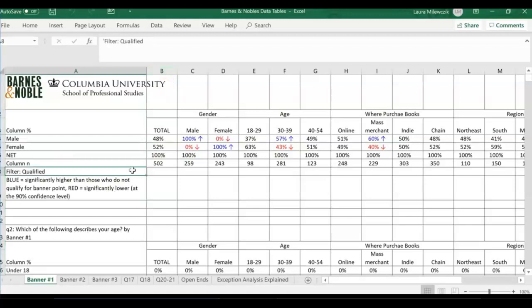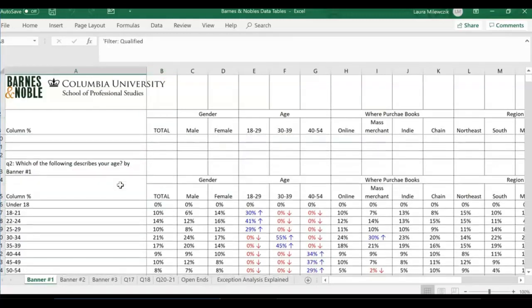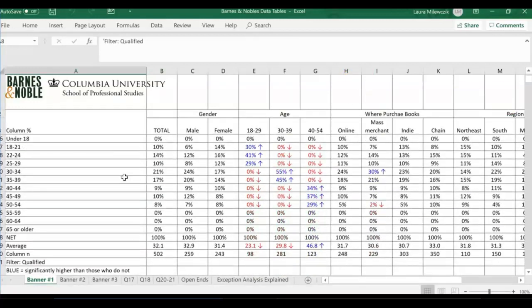So again, let's look at age. If we wanted to know the proportion of those respondents in our survey who were 18 to 21 years of age, that would be 10%.